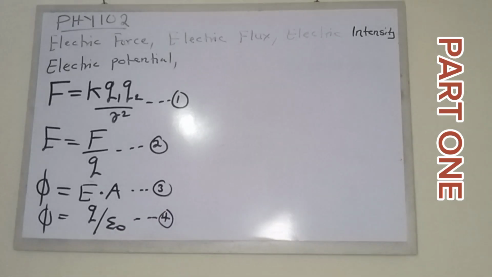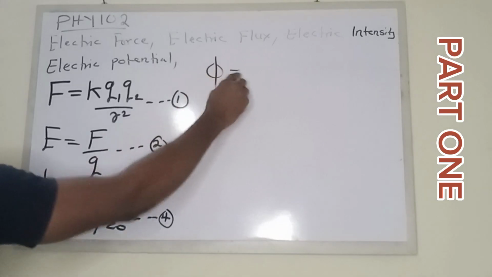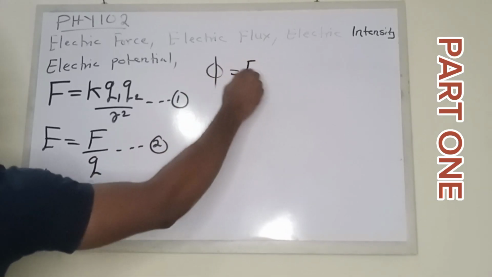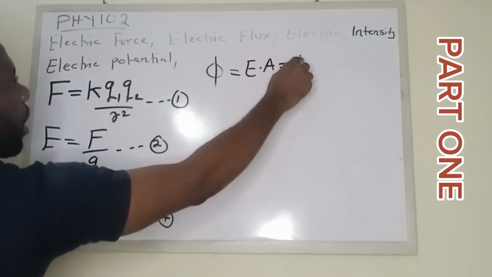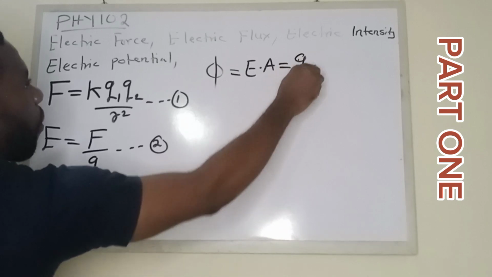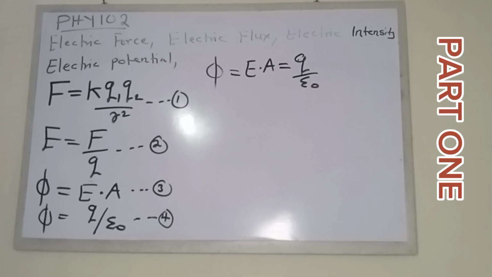That means at this point, Gauss's law has given us another equation, which is charge divided by permittivity naught, is equal to E dot A, which is equal to Q over epsilon naught.